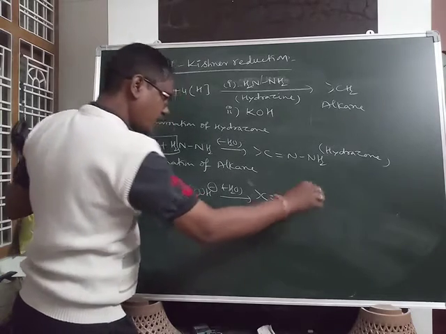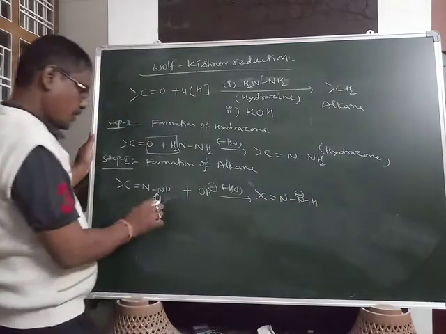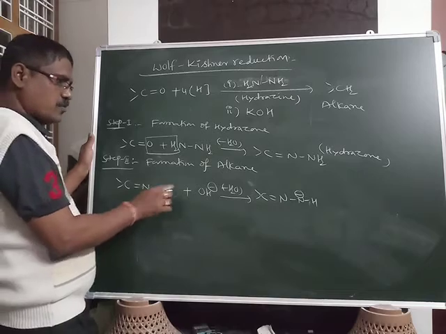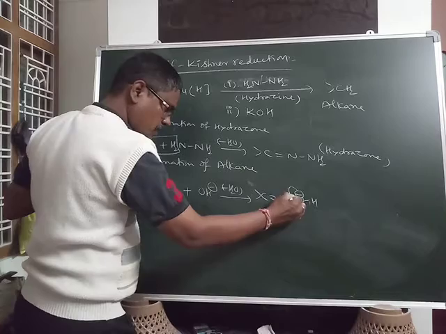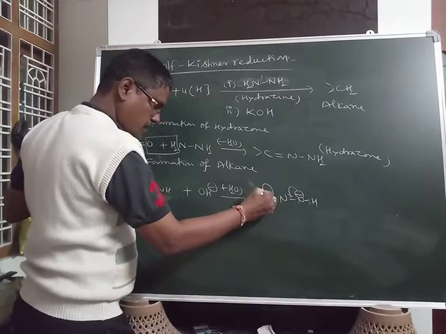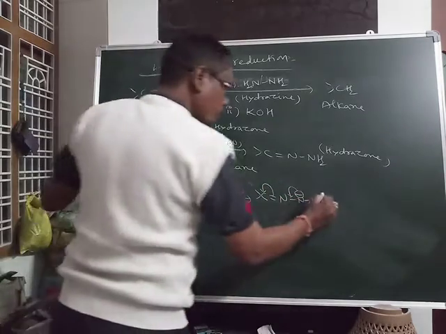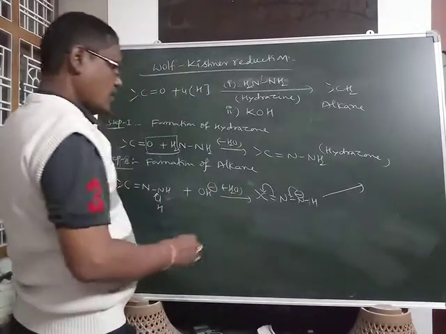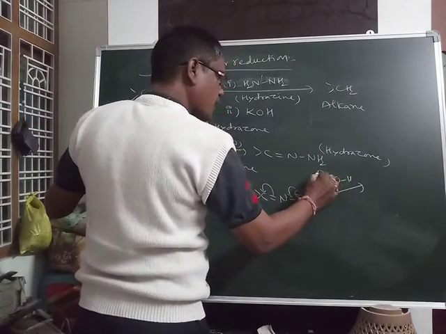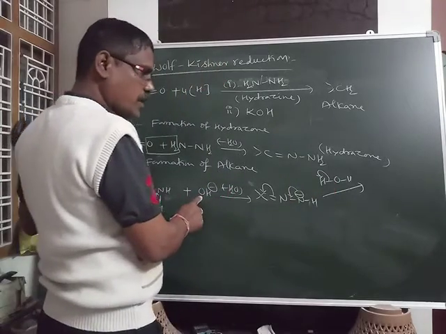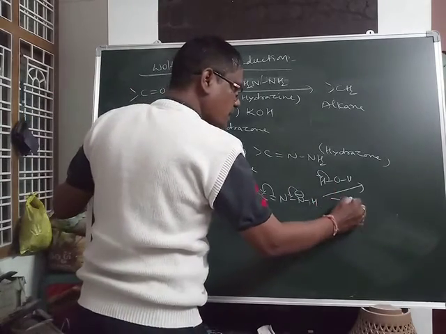Now here the double bond is already present on N and one more NH, and due to the shifting of this bond towards the nitrogen, it gets a negative charge. This negative charge shifts to this side and the bond shifts to this side. At that stage water gives H plus ion. The OH minus we added is eliminated.